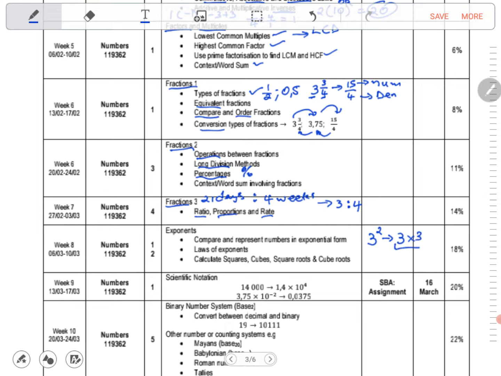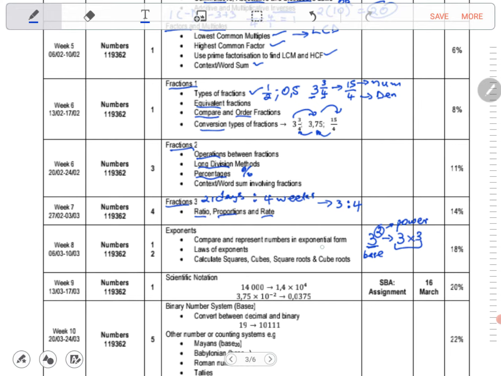So 3 is repeated twice in multiplication, and this is the base of an exponent, and this is when we raise it to a power. All right, so we would normally say this is 3 to the power 2.